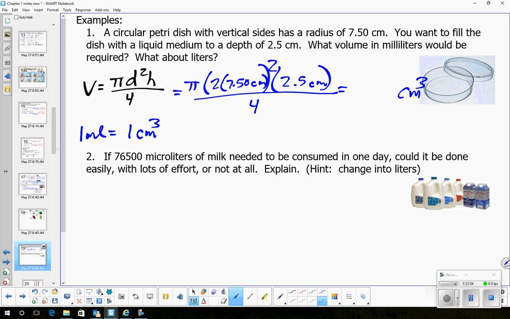How many significant figures should I have? 2. Okay, this one had 3. This one had 2. So I should have 2. Okay, give me the answer to 2 significant figures. 440? Okay, anybody disagree with that? We're going to be each other's checks.